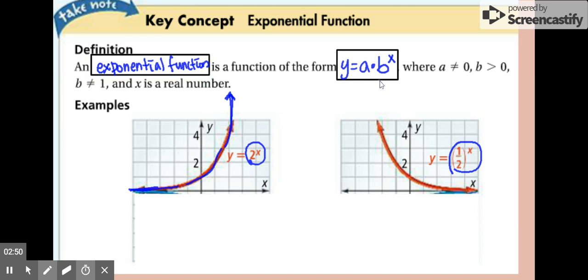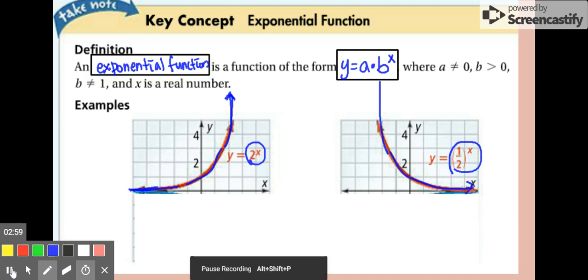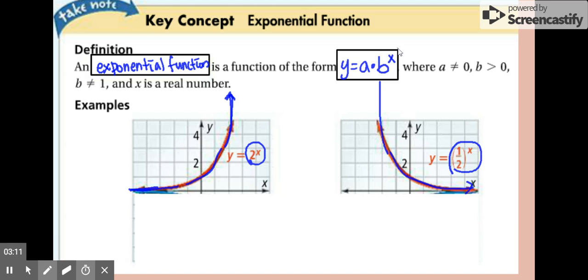Or it decreases really fast, but then decreases slowly. In this lesson, I really want you to be familiar with this exponential function. Just remember the form and how it looks.